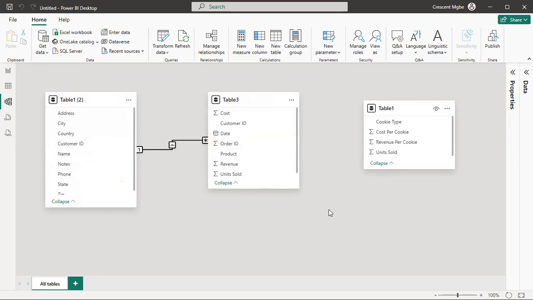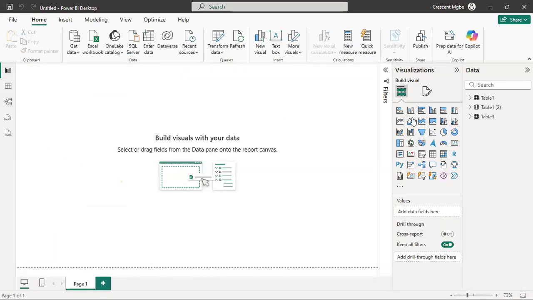But imagine you're plotting. Okay, let me go and plot something. We want to find out the total revenue generated in the city. So this is table 3, and this is city.